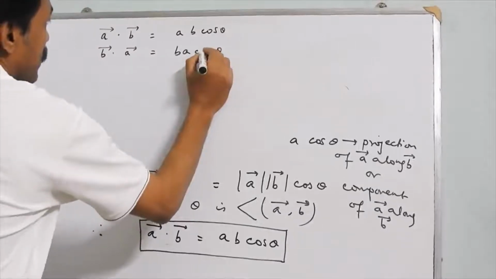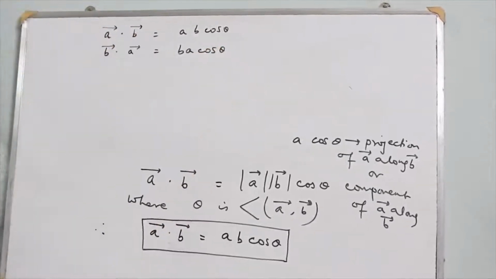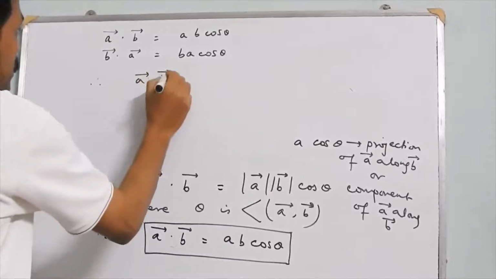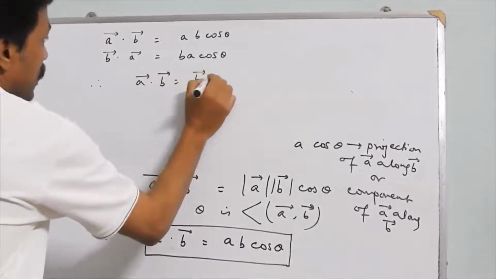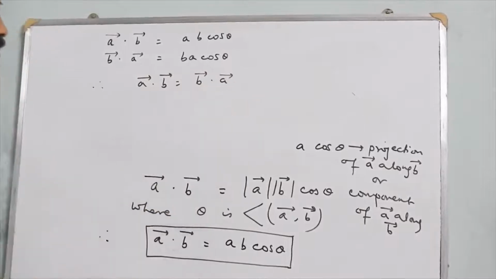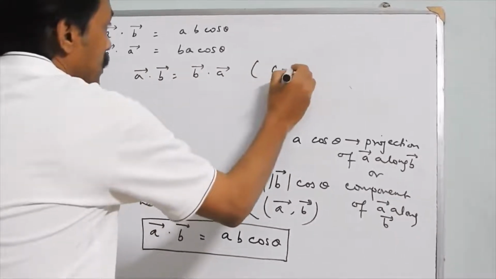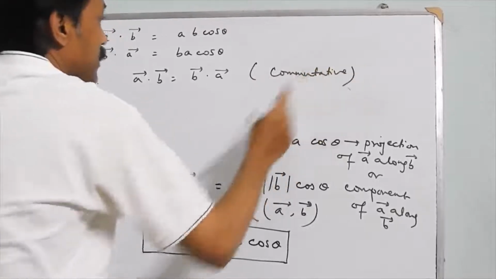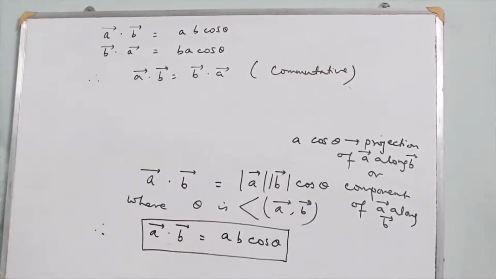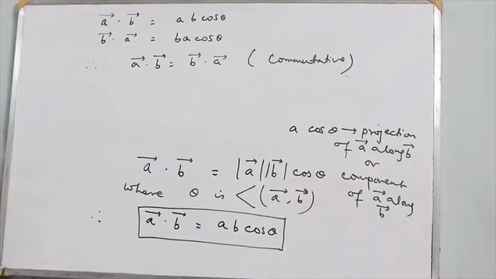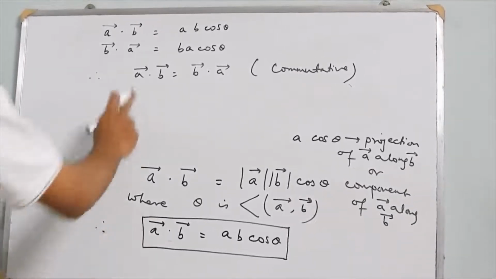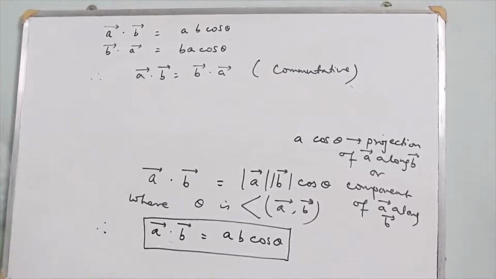As in the case of scalars, a into b is b into a. So obviously you can say that a vector dot b vector is b vector dot a vector, and this property is called as the property of commutativity. That means you can say that dot product of two vectors is commutative, just like addition of two vectors is commutative. Whenever we write a vector plus b vector, we get b vector plus a vector.